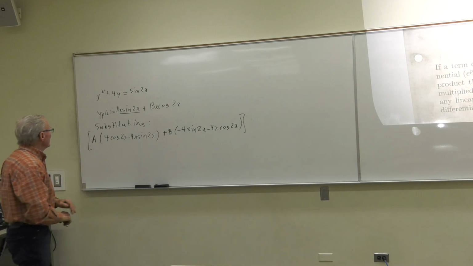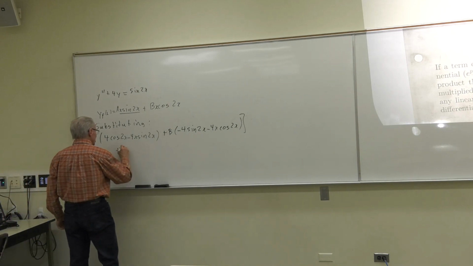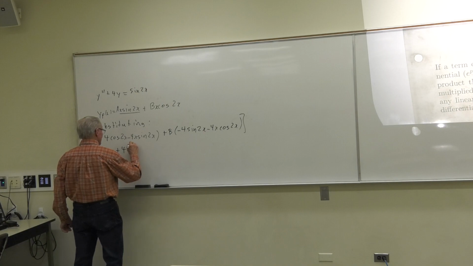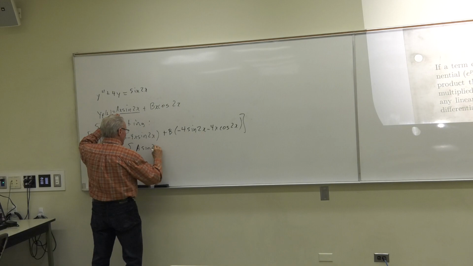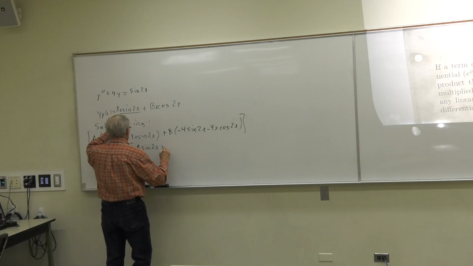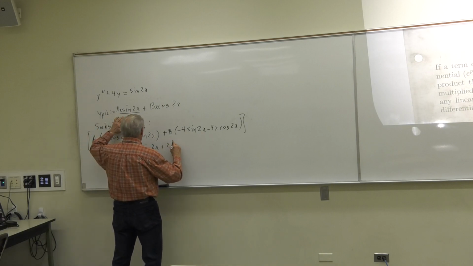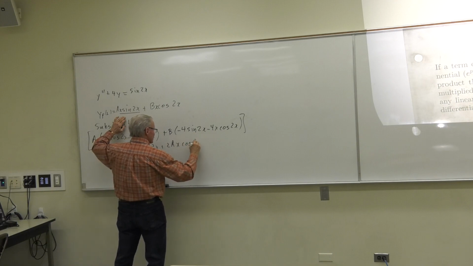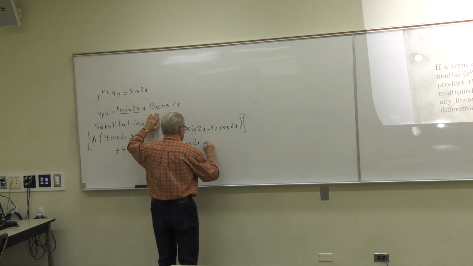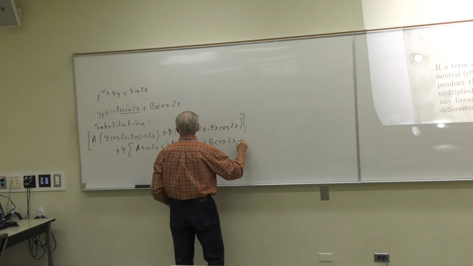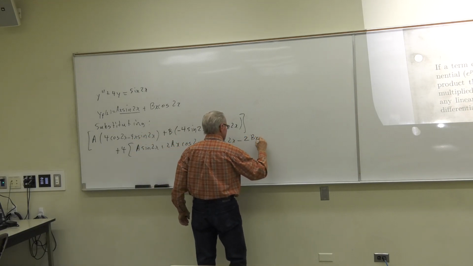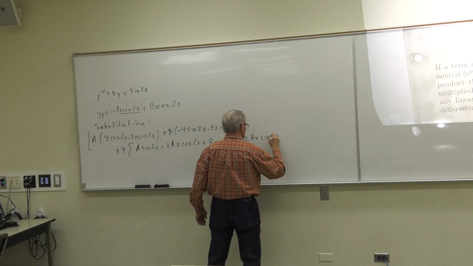After that, then we need 4 times the first derivative: a sine 2x plus 2ax cosine 2x plus b cosine 2x minus 2bx sine 2x.